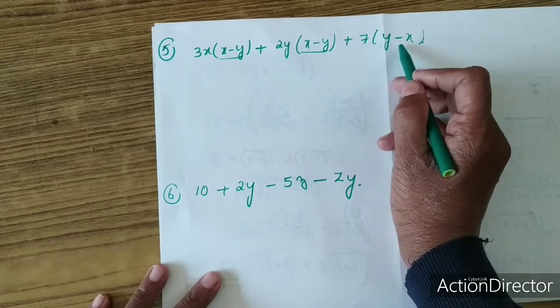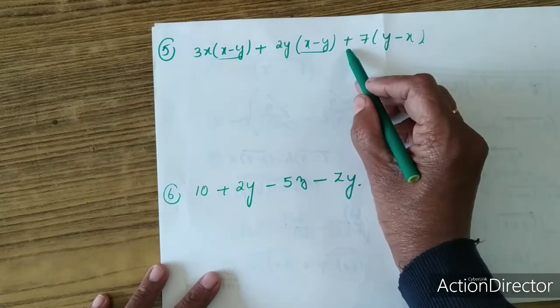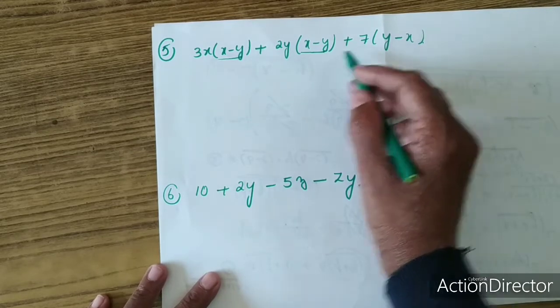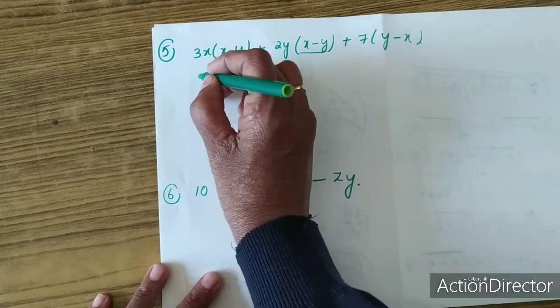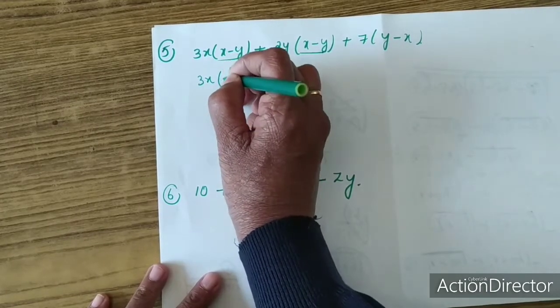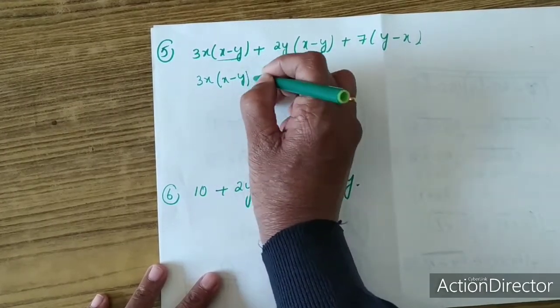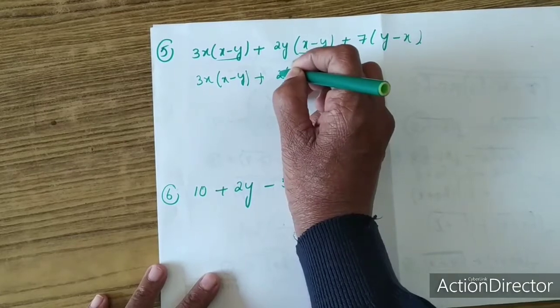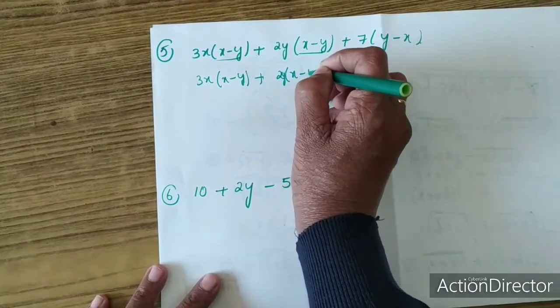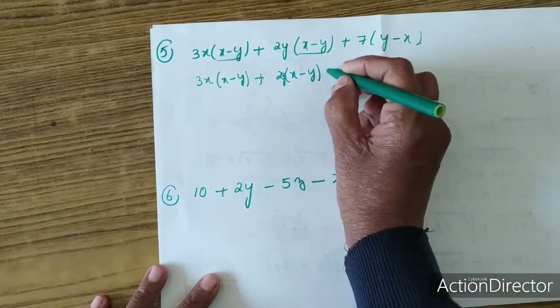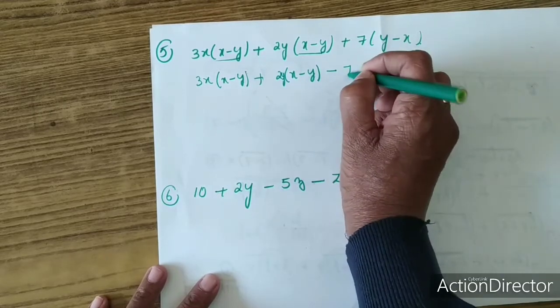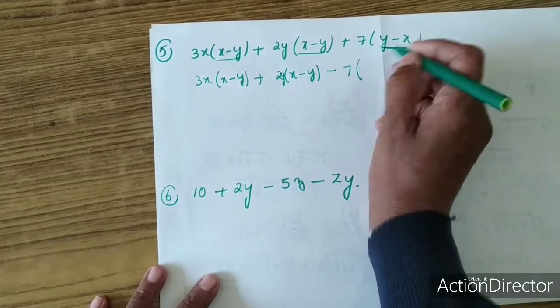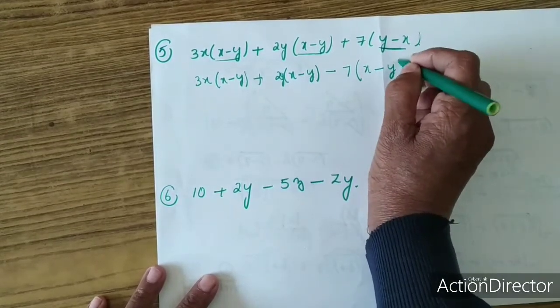So when I take the opposite of this expression, I will take the opposite of this sign also. See how I am writing: 3x into x minus y plus 2y into x minus y. The opposite of plus sign is minus, again 7 into, so the opposite of y minus x will be x minus y.